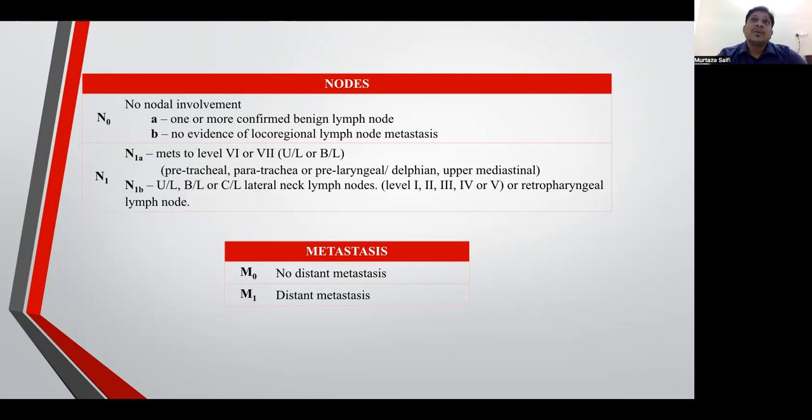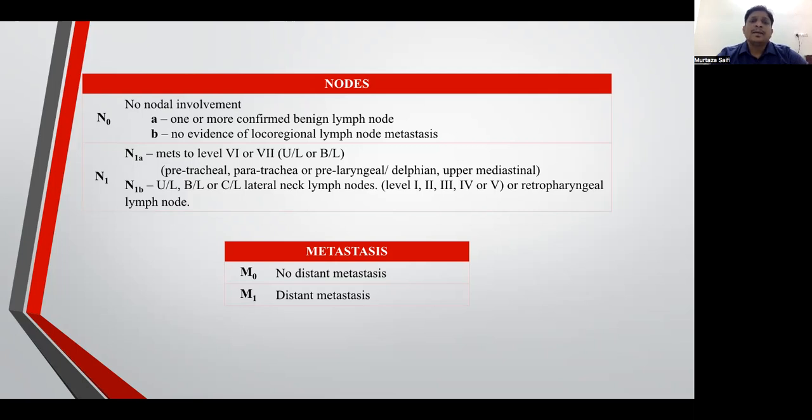Then there is N1B, which may be unilateral, bilateral, or contralateral. This is one side, and you are finding the lymph nodes on the other side. It is contralateral. So unilateral is the same side, bilateral is both sides, or the contralateral. Neck lymph nodes may include levels 1, 2, 3, 4, or 5, or retropharyngeal.